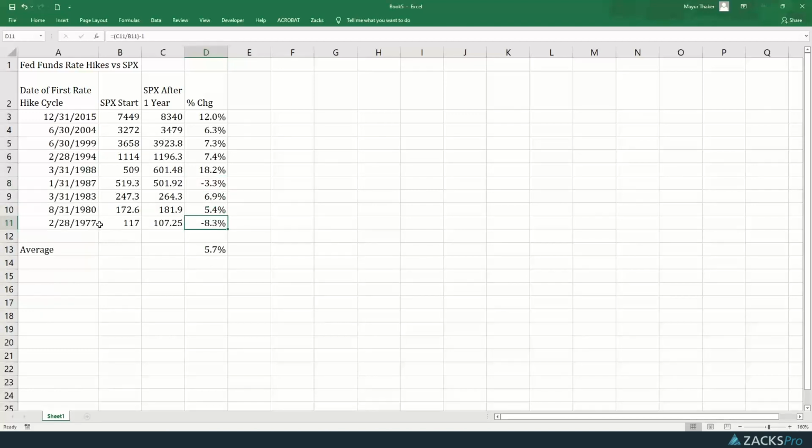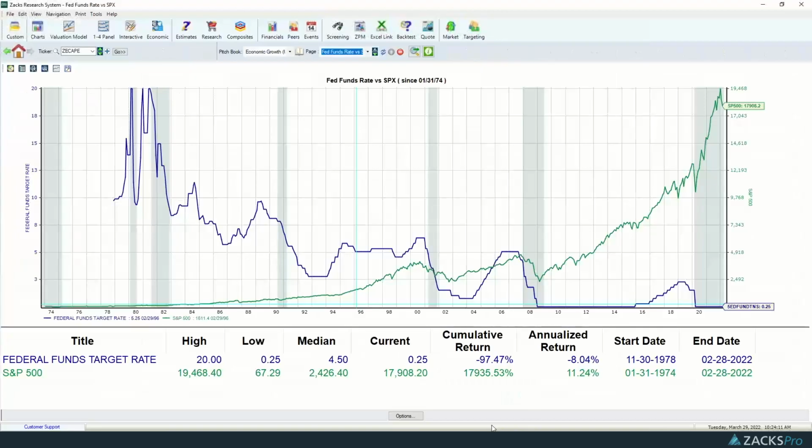Prior to that, 1977, which takes us way back, during the start of that inflationary cycle, the market was down 8.3%. But even during the thick of that recession, when interest rates were very high, the S&P still returned a positive 5.4%. This is on a total return basis. This goes to show that rate hikes are not to be feared.